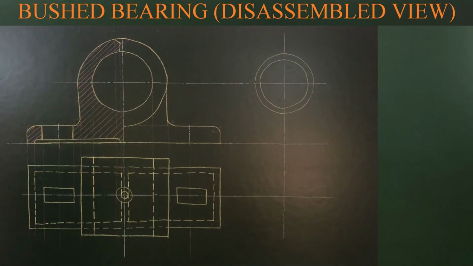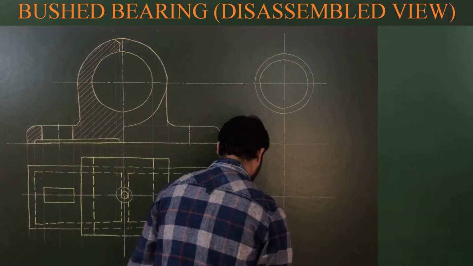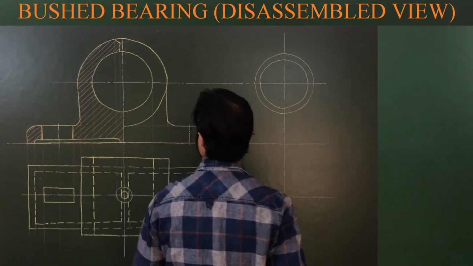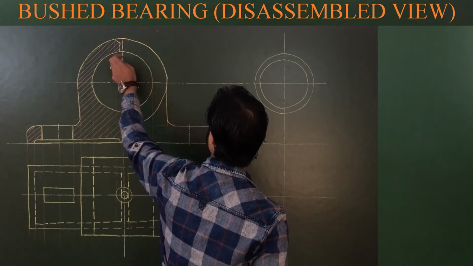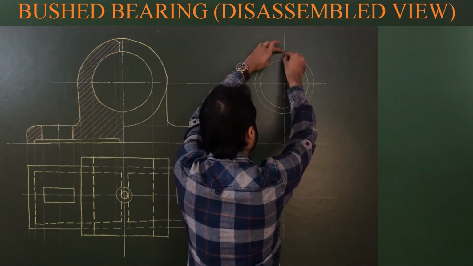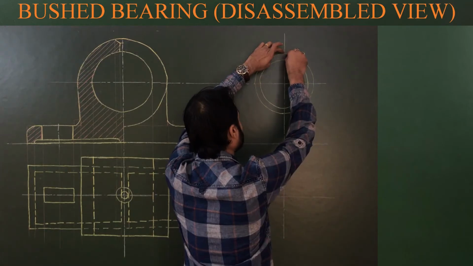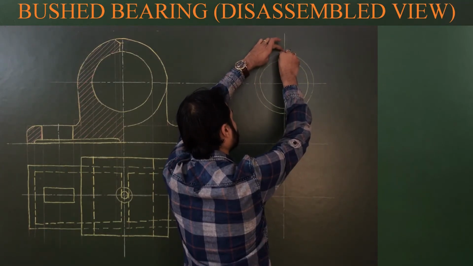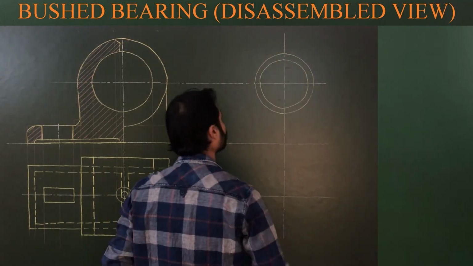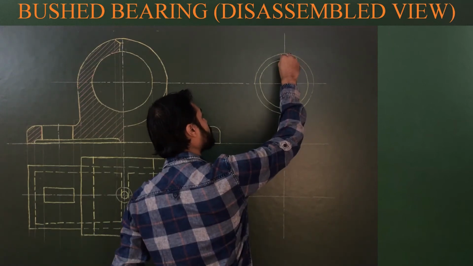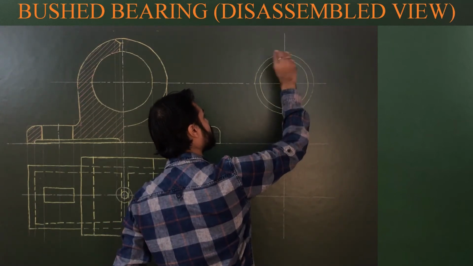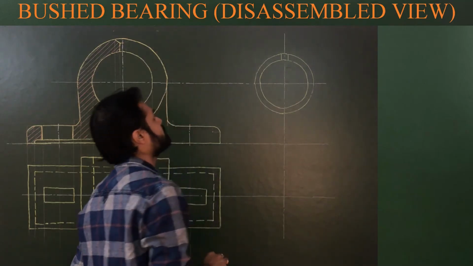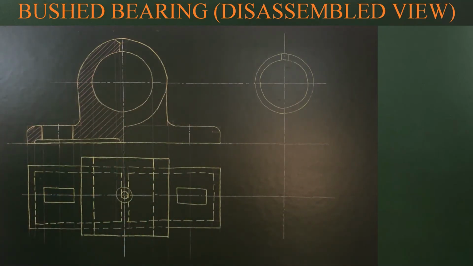Then mark the limits of the oil hole. So for the oil hole the diameter is 6, and in the bush from this point half of 6, 3, half of 6, 3. So total diameter 6 means half of 6, 3, 3 on the right and left hand side.